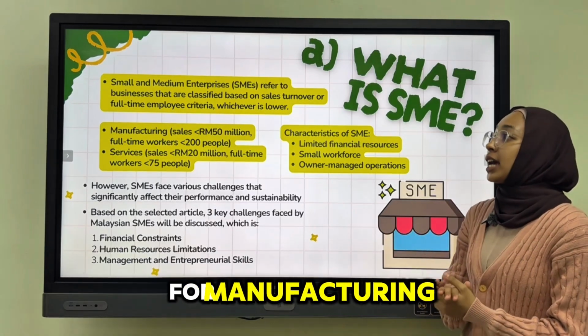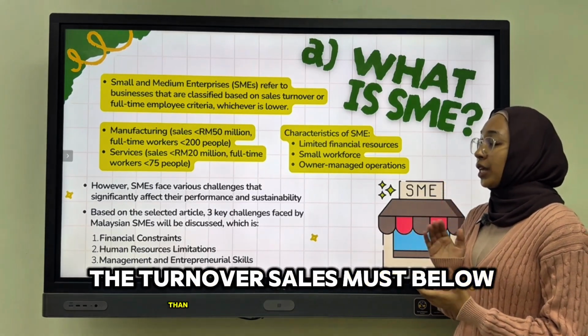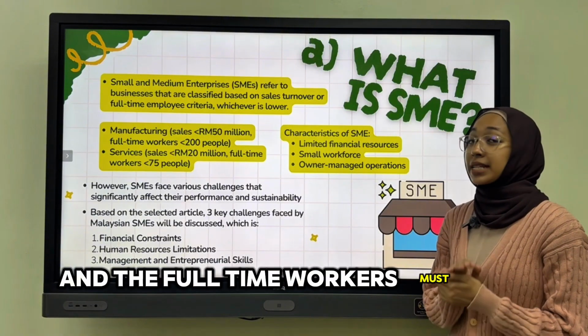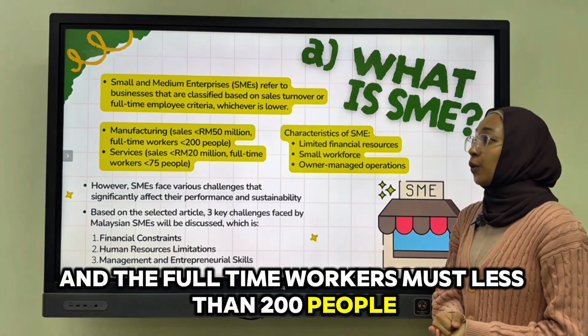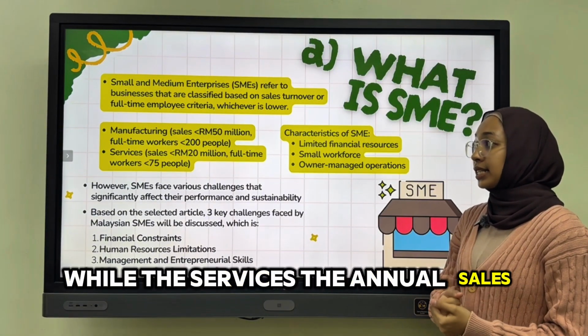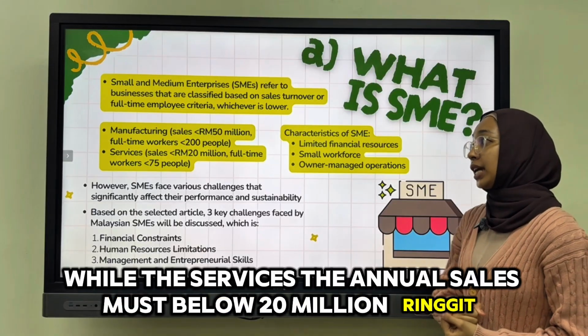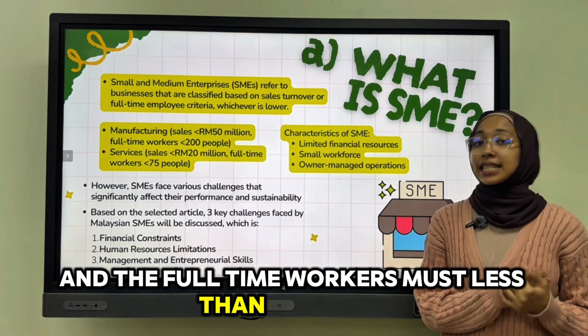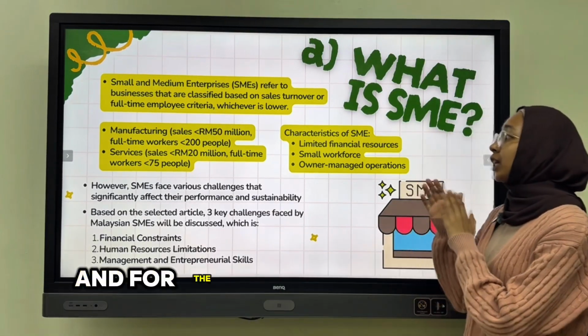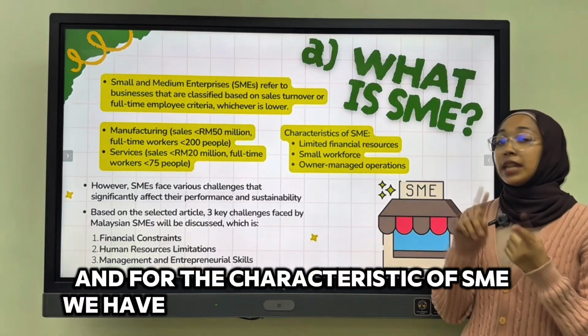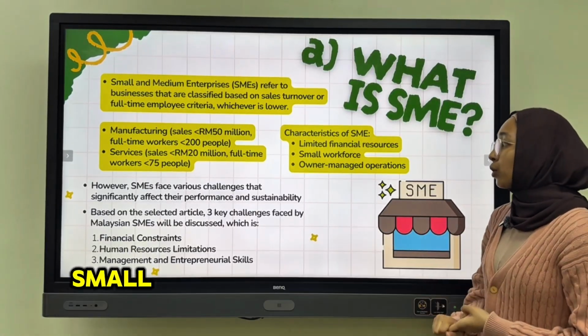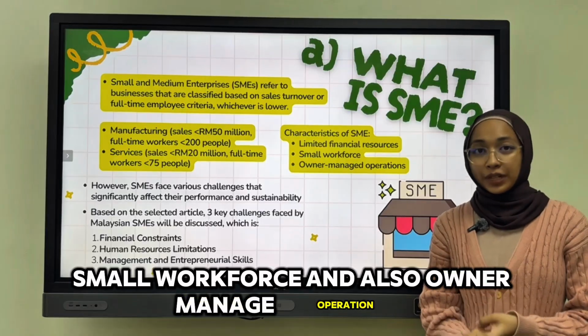For manufacturing, the turnover sales must be below 50 million ringgit and the full-time workers fewer than 200 people, while for services, the annual sales must be below 20 million ringgit and the full-time workers fewer than 75 people. And for the characteristics of SME, we have limited financial resources, small workforce, and also owner-managed operation.